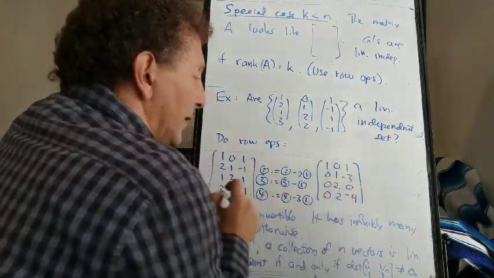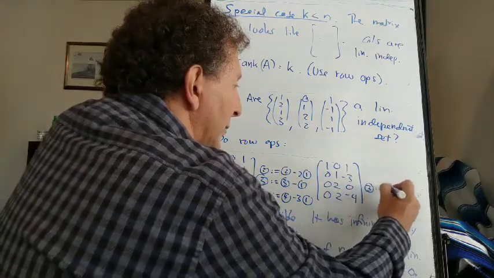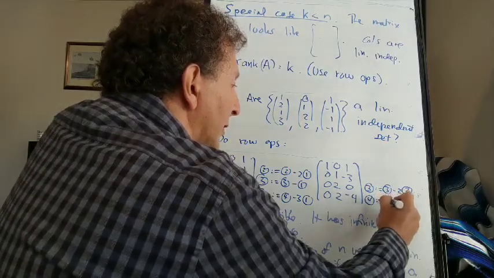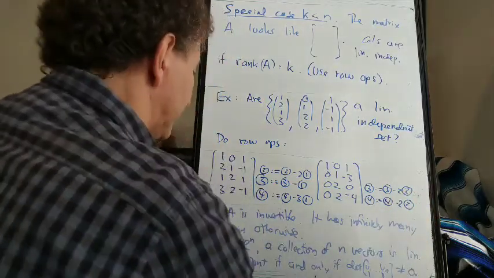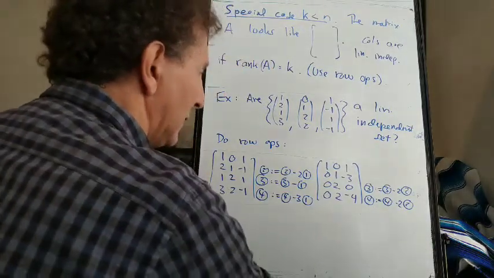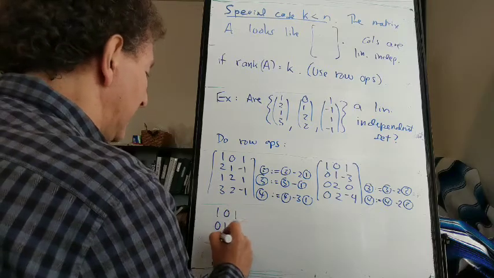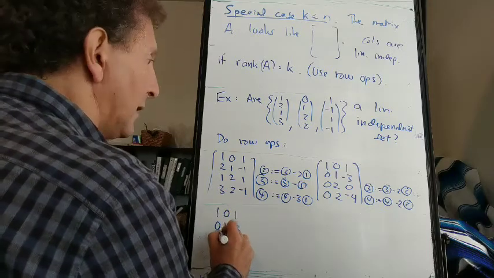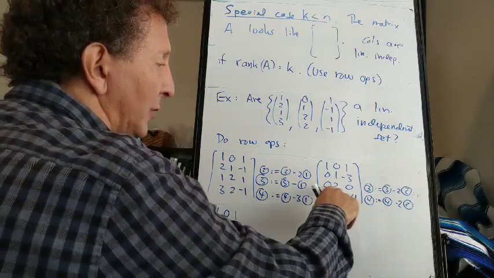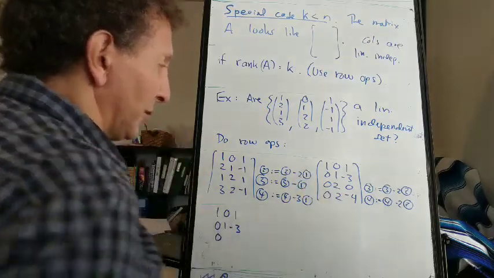And then we can use this 1 in the second row to get rid of the 2's below it. So row 3 becomes row 3 minus 2 times row 2. Row 4 becomes row 4 minus 2 times row 2. And then we have 1, 0, 1, 0, 1, negative 3. You know what, that's silly. We could divide this one by 2, and then, oh no, maybe what I'm doing is better.